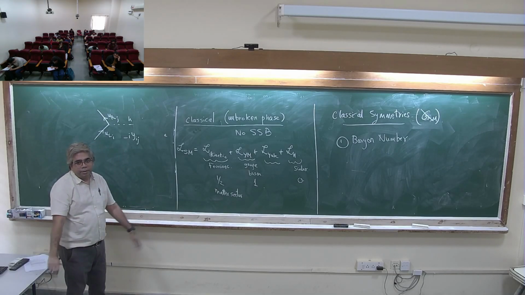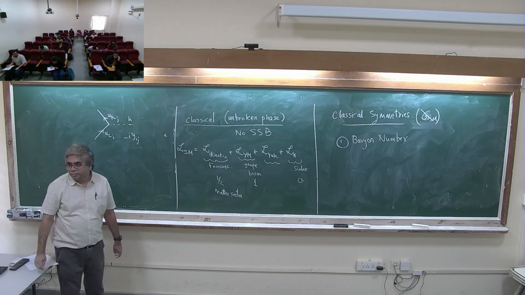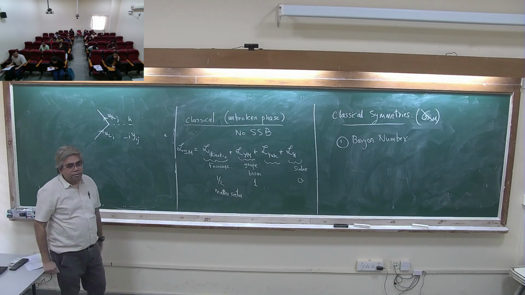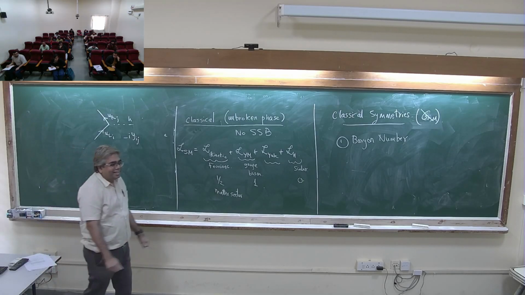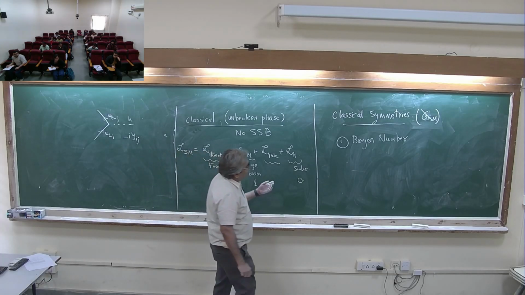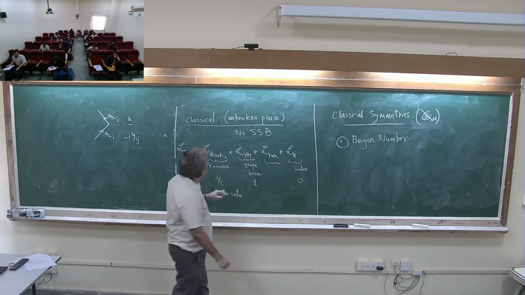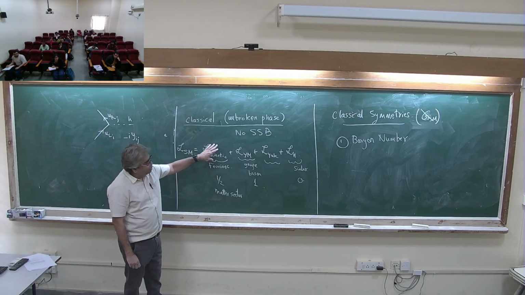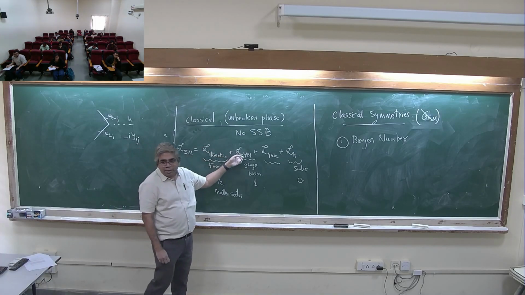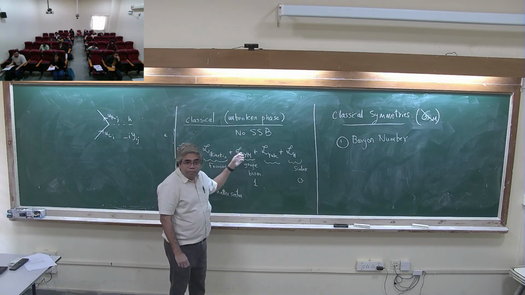Standard model conserves baryon number. How do you show it? What is the baryon number of quarks? 1 by 3. Oh, fantastic. Okay. Then the kinetic part comes as q bar times q, so it is always conserved. Gauge bosons don't have any baryon number. Do gluons have baryon number?